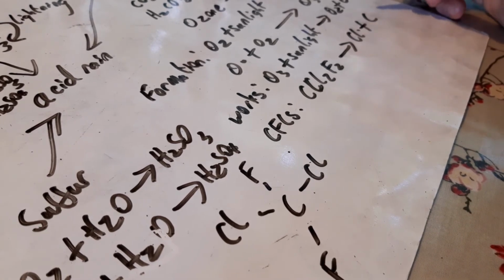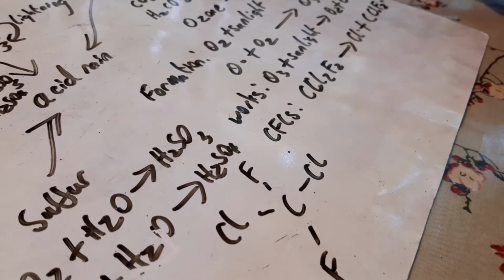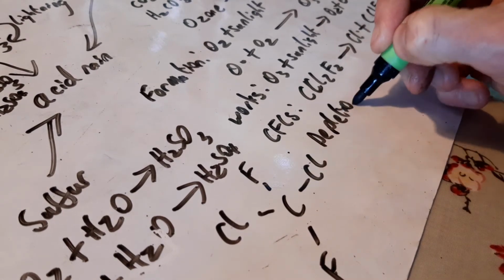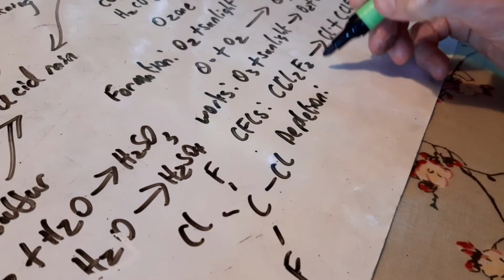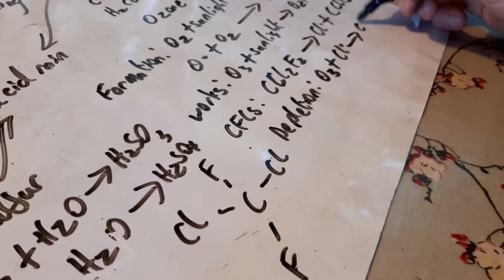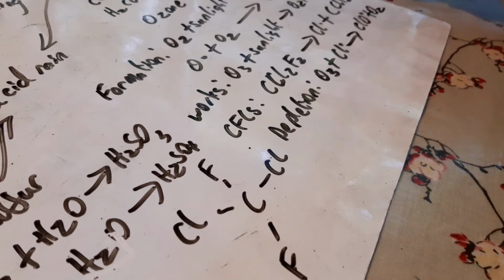ClF2 radicals like this. They produce radicals like that. And then what happens is ozone is depleted. So there's a depletion reaction like this. We've got ozone reacting with those chlorine radicals to give us chlorine oxygen radicals and oxygen molecules like that.